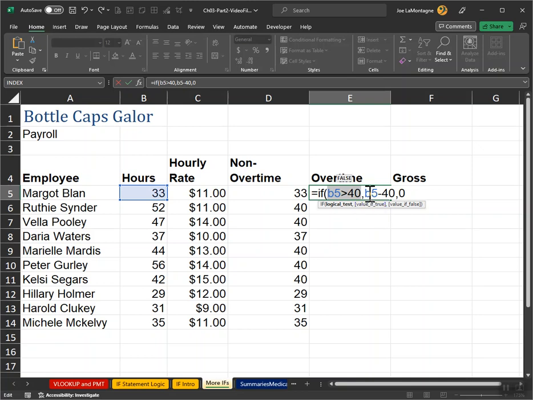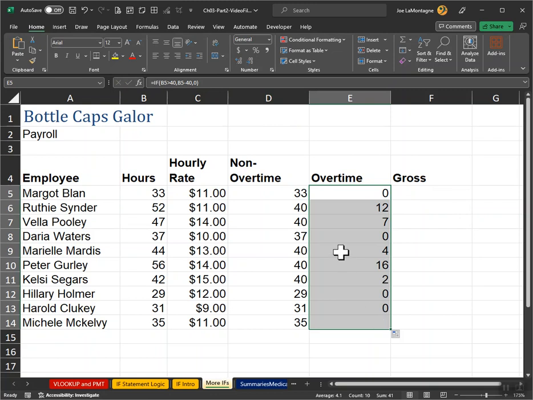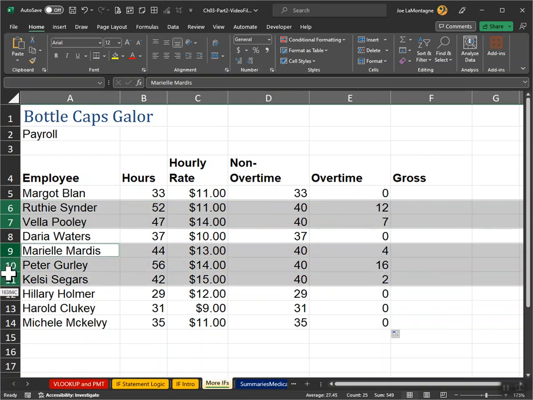So we take the hours they've worked and subtract 40, because this 40 is already being taken into consideration in the non-overtime slot. So let me close this parenthesis. And again, only a few folks are actually qualifying for this.